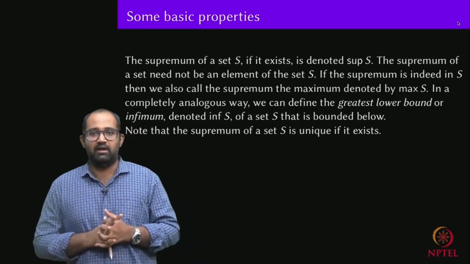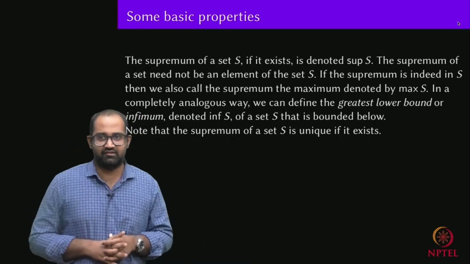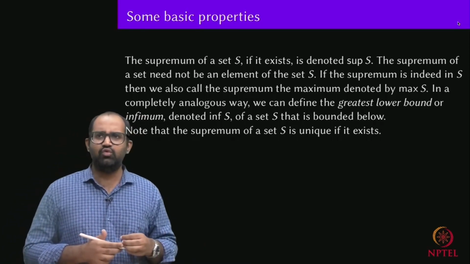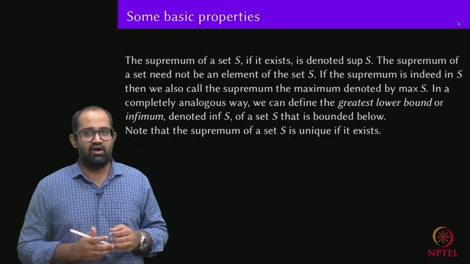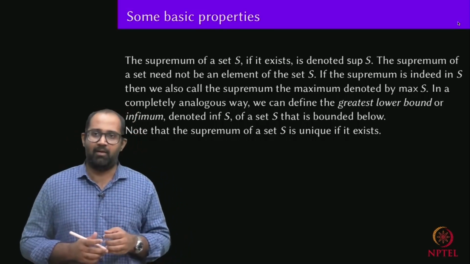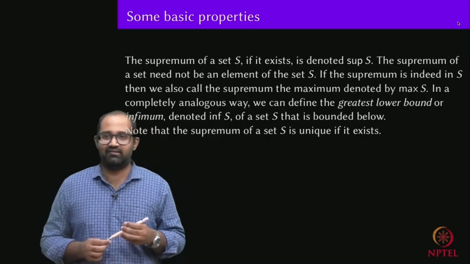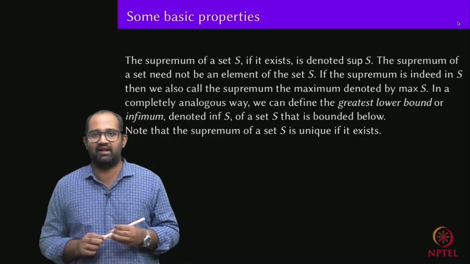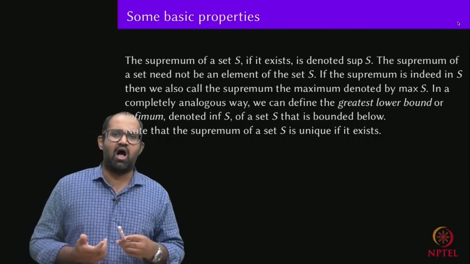Now, the supremum of a set, if it exists, just like the GCD, is unique. That means a set S in an ordered field that is bounded above cannot have two supremums. Now, here is a characteristic type of proof in mathematics that I really like. I think I have mentioned this before, but there is no harm in repetition.